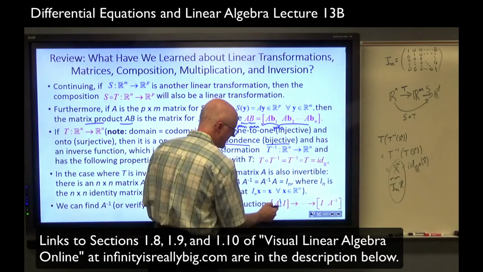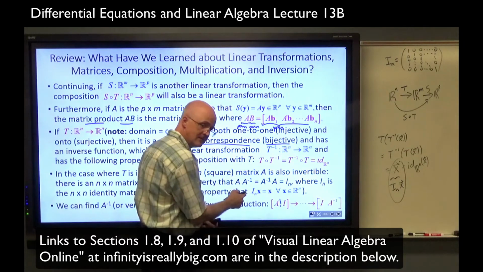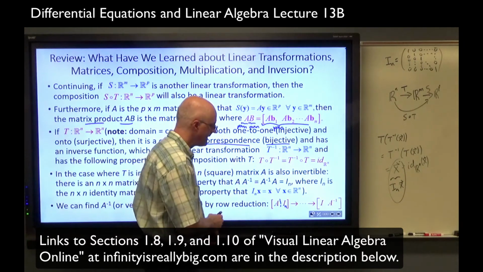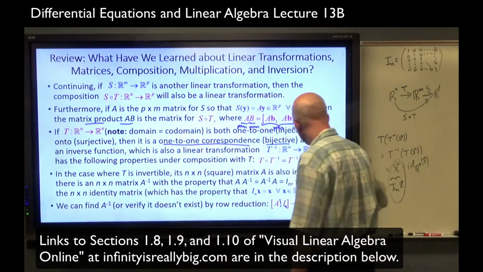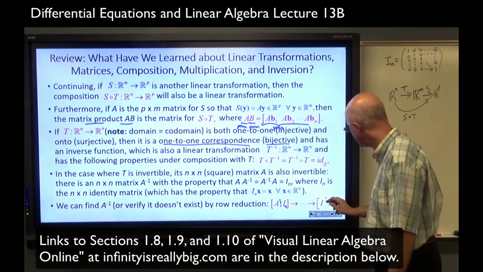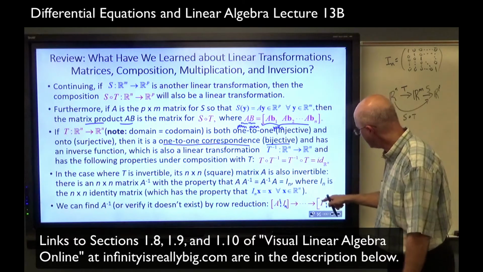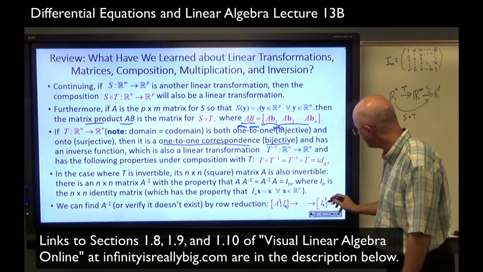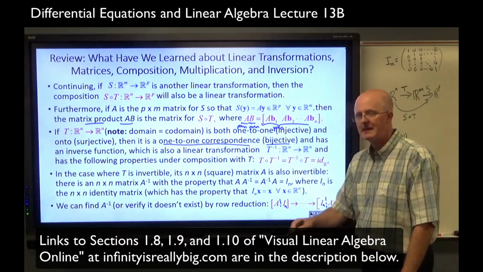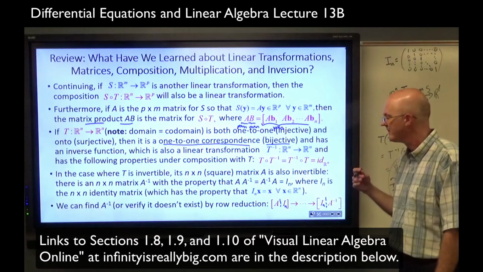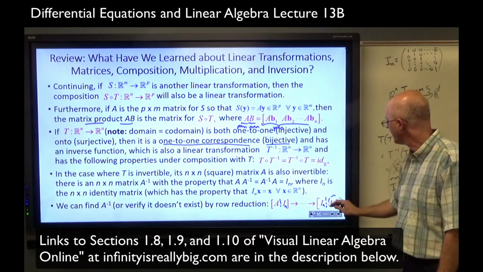The A is n by n, the I is meant to be In. If, after reduction to reduced row echelon form, it looks like this, meaning the first n by n piece is In, which would mean, for example, you would not have a row of zeros, then whatever's here will be A inverse.